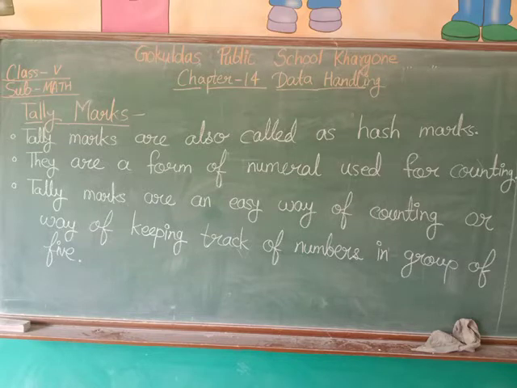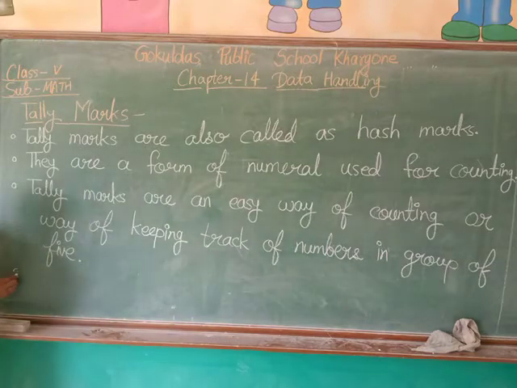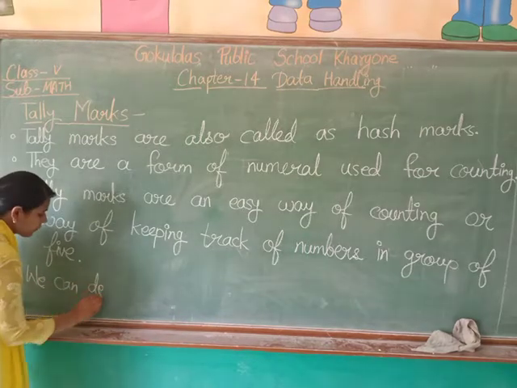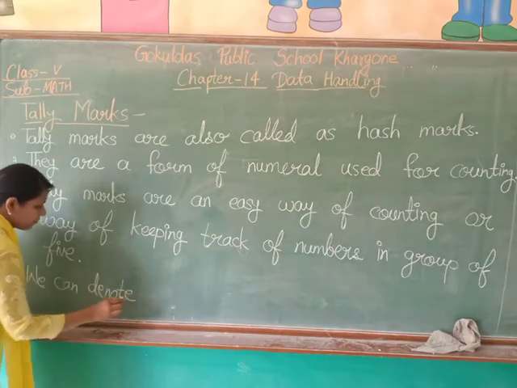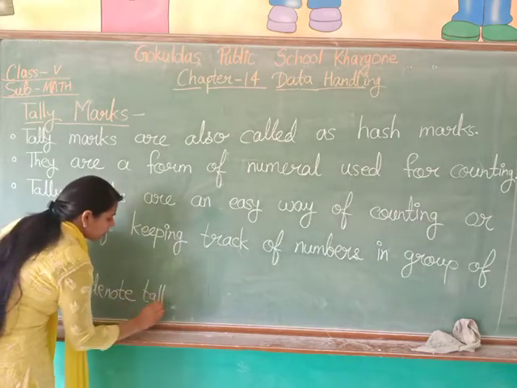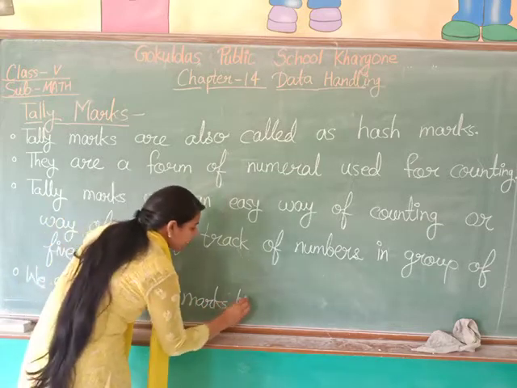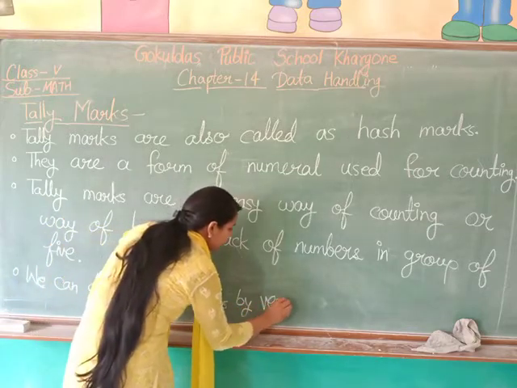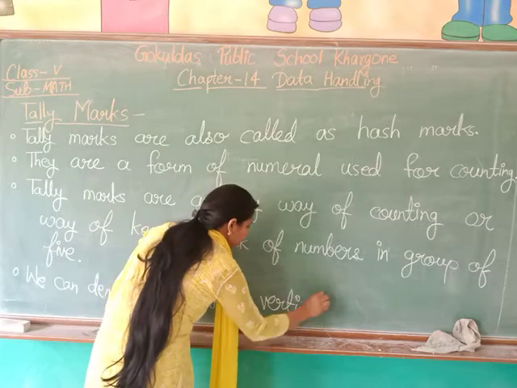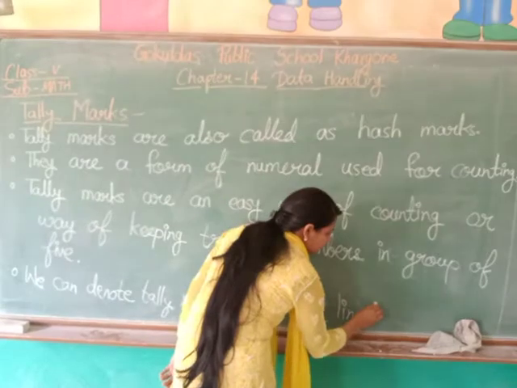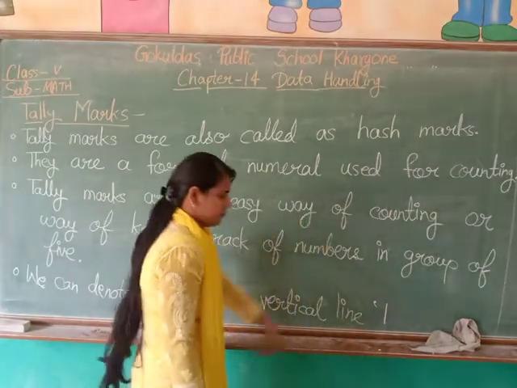We denote it by a vertical line. We can denote tally mark by a vertical line like this.